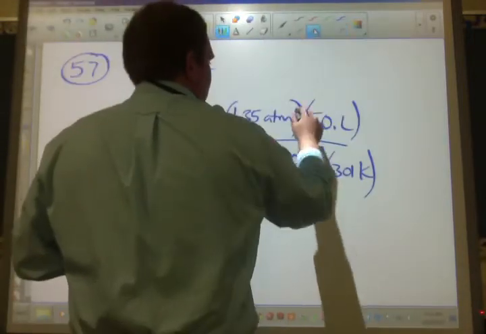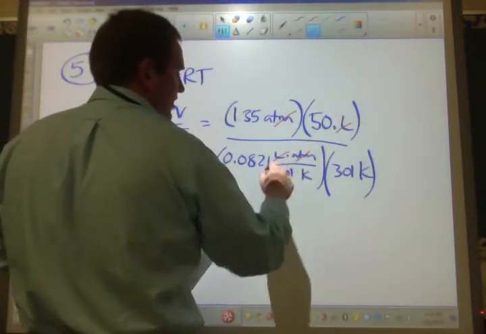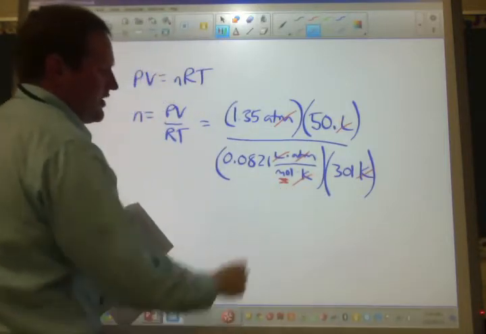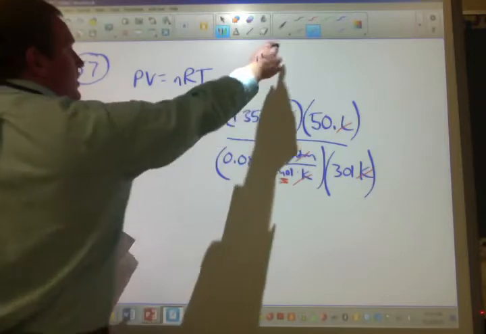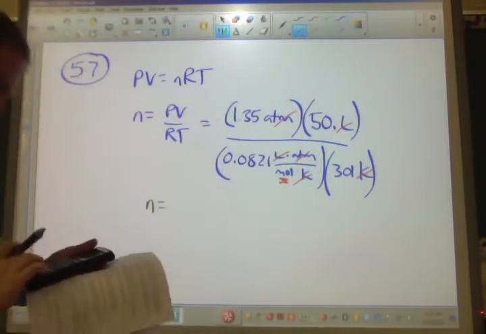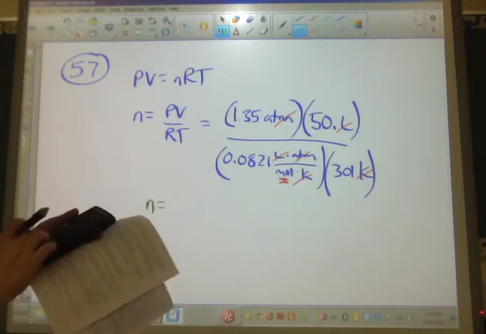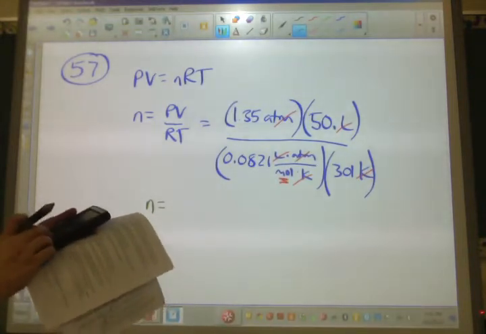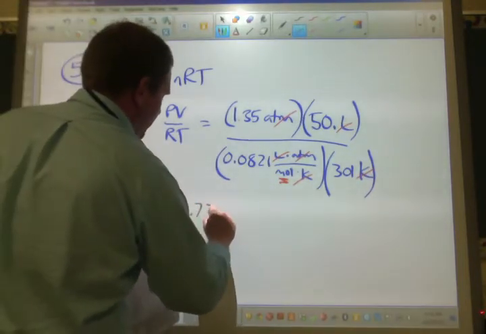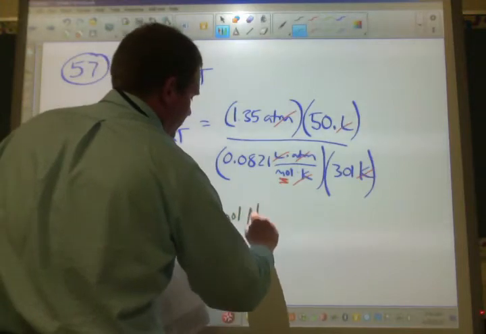Check our units. Atmosphere, atmosphere, liter, liter, Kelvin, Kelvin. We're left with mole as that double denominator, which means it comes up to the top. So n equals 1.35 times 50 divided by 0.0821 divided by 301 gives me 2.73 moles of N2.